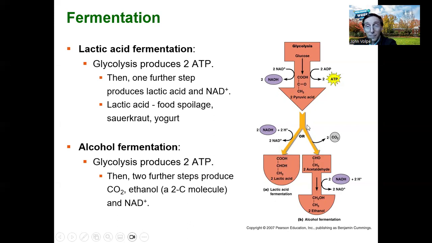In alcoholic fermentation, pyruvic acid is converted into ethanol in 2 steps. And yeast can do this. The yeast for making leavened bread or making beer or making wine use alcoholic fermentation.